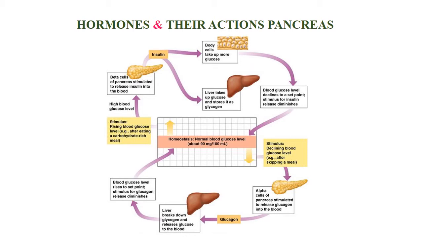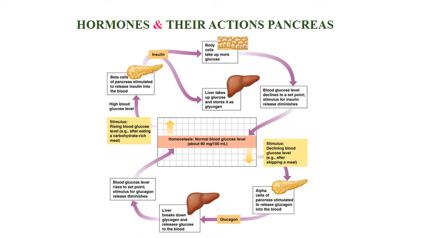Glucagon acts on the stored form of glucose, that is glycogen, present in the liver, and breakdown of the glycogen takes place, which releases glucose into the bloodstream. Thus the inflow of glucose from the liver into the bloodstream increases the blood glucose concentration to the normal level.